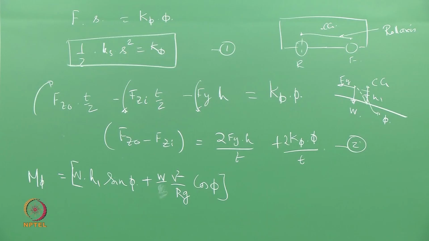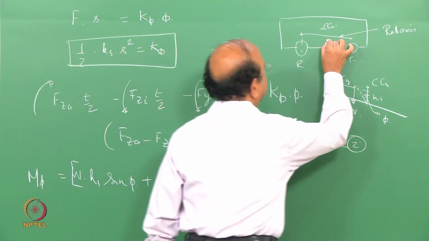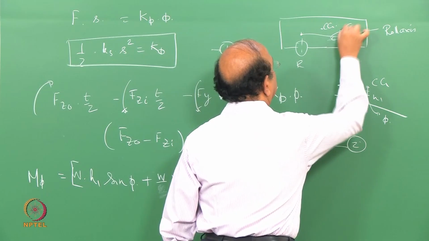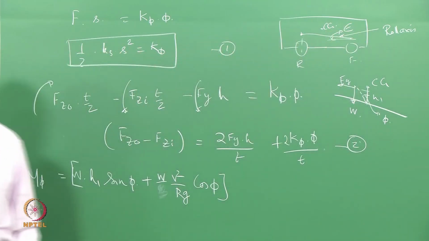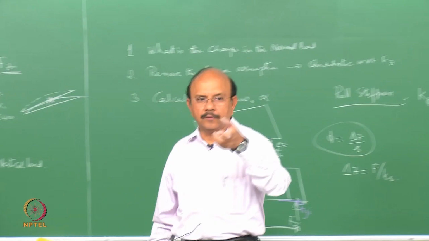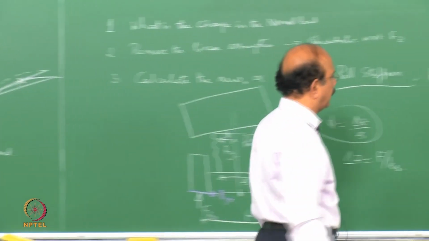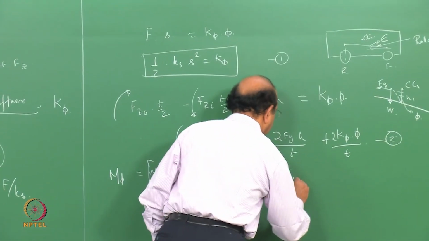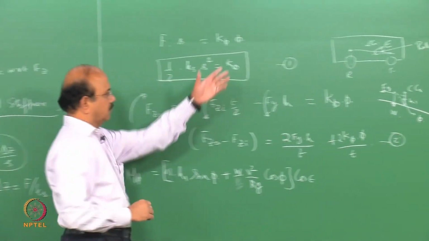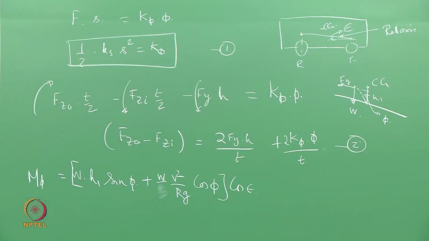And the roll axis is inclined at an angle psi, or epsilon rather, a small angle. So the cos of this is actually the factor which has an m phi. So that is multiplied by, look at the geometry, you would notice that there are two angles.